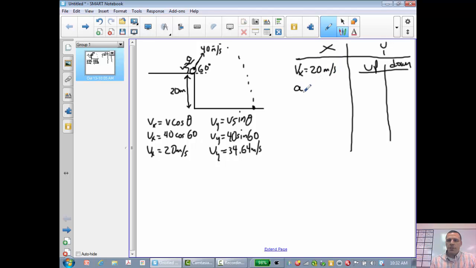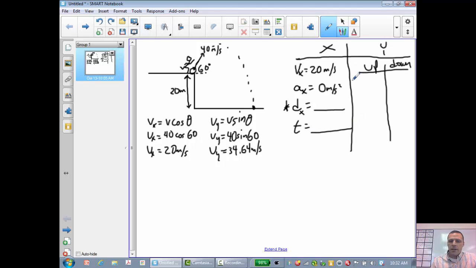There's no acceleration in the X direction. It's 0 meters per second squared. The distance traveled in the X direction is what we'd really like to find. That's the range. And the time in the X direction is also unknown.